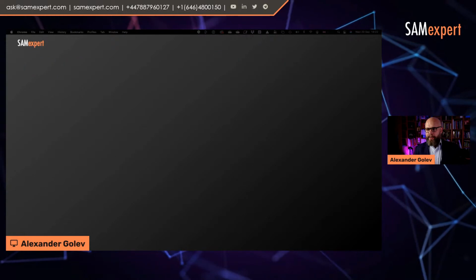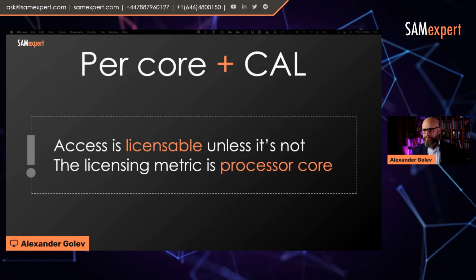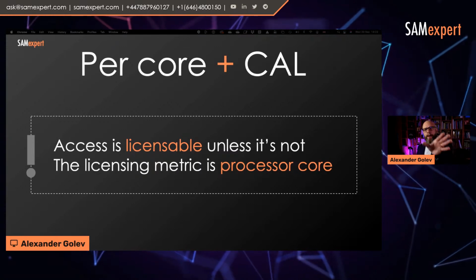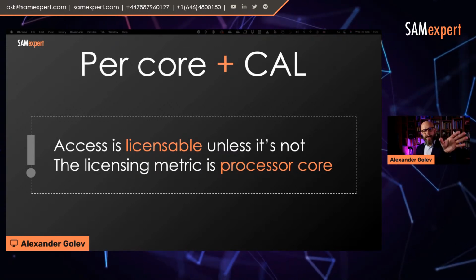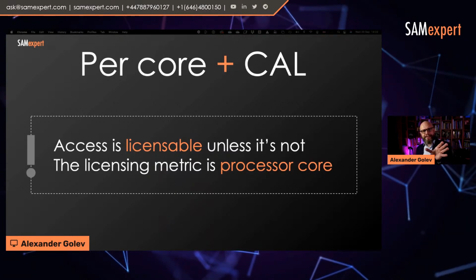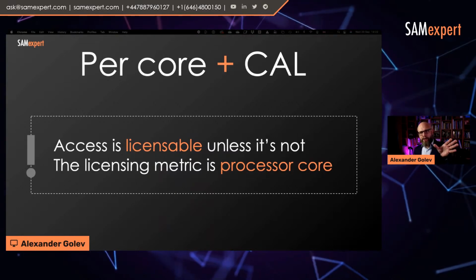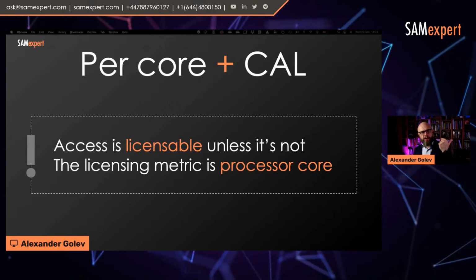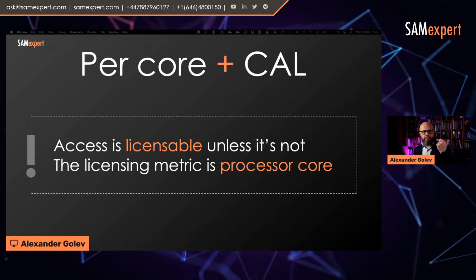Right. Moving on. The licensing model for Windows Server is per core plus CAL. Windows Server always requires some sort of access licenses. There are very few excuses, and right now, from the top of my head, I can't even remember one.